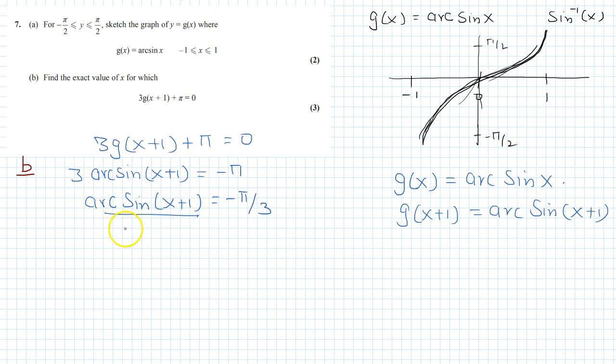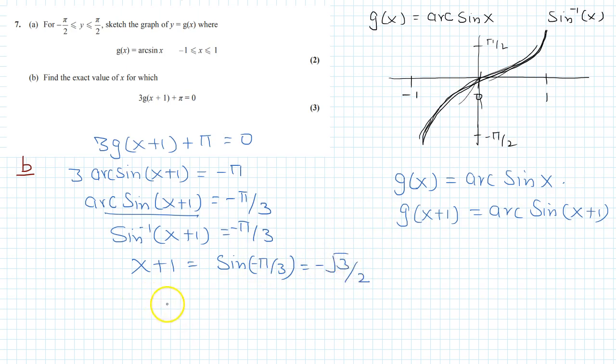So I can write this as x plus 1 is equal to sine of negative pi over 3, and sine of negative pi over 3 is negative root 3 over 2. So x will be negative 1 minus root 3 over 2. Here this step is important. You have to understand this one, and this will be the answer.